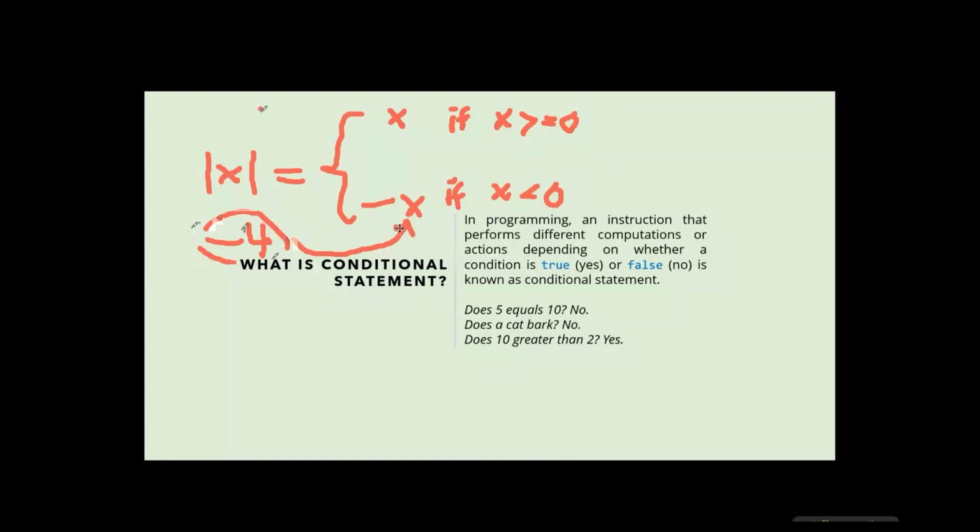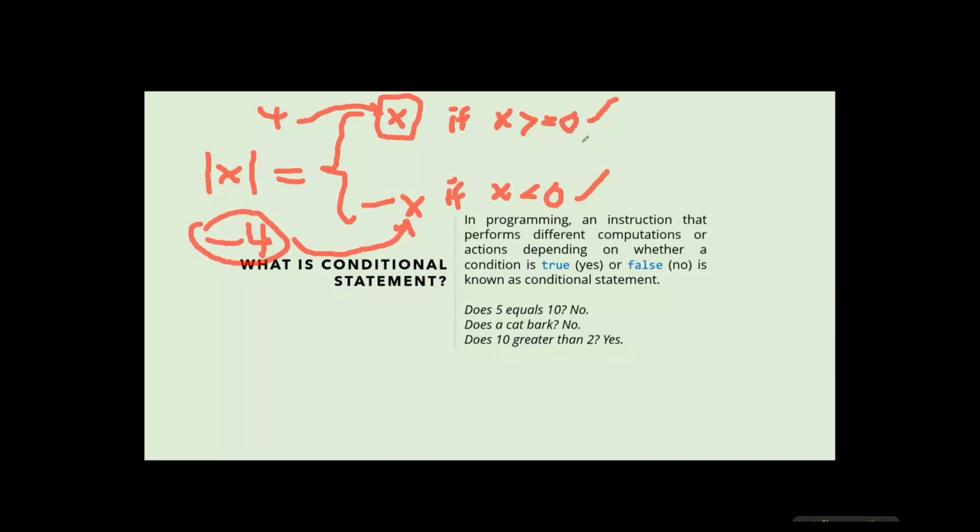Let's say we have a positive value 4, and that is the other condition here. So you have two conditions, condition number 1 and condition number 2. Depending on your conditions, you have a specific action based on the corresponding condition.